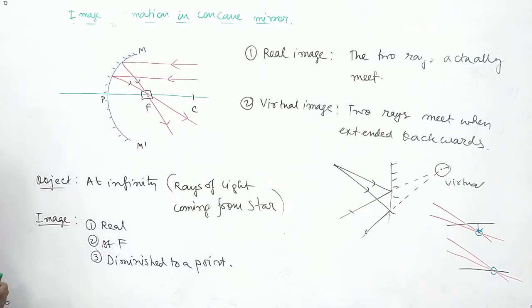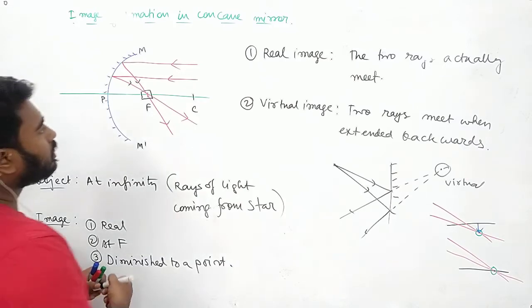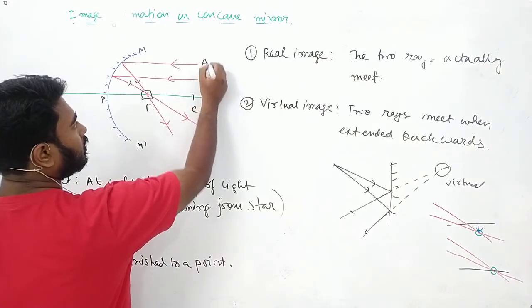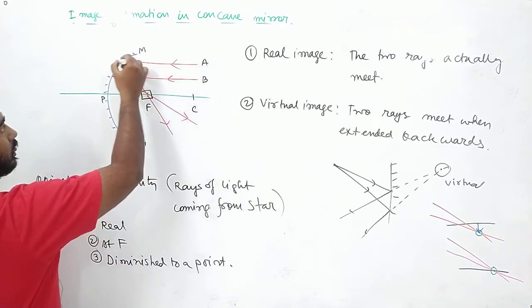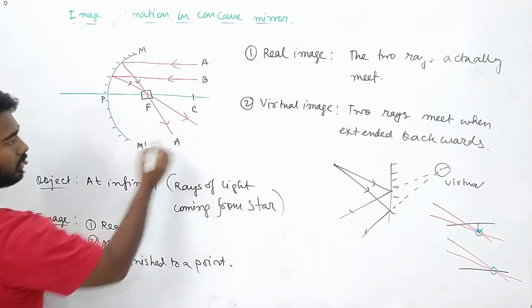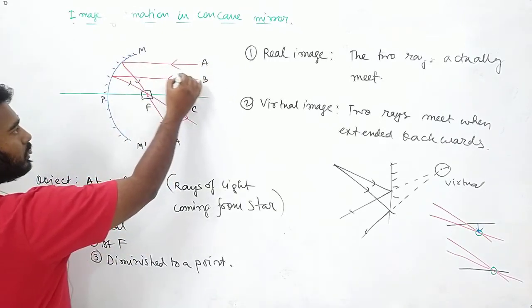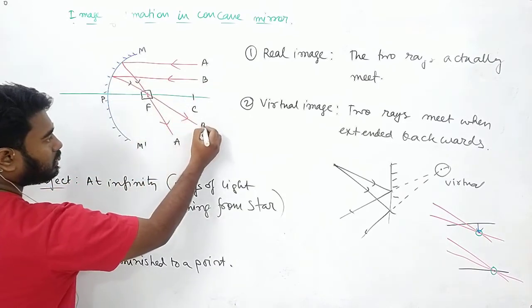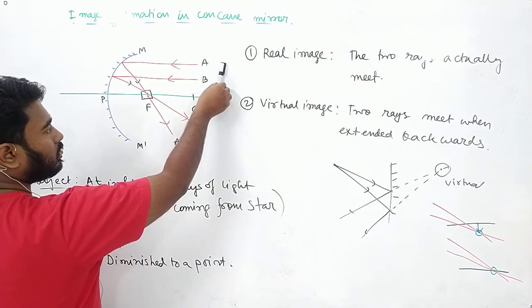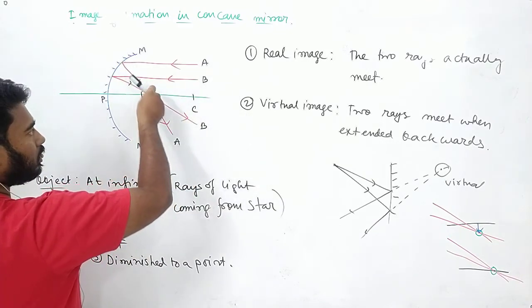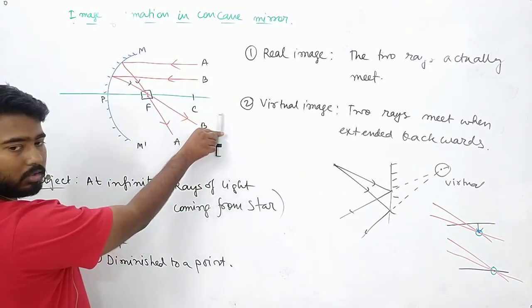Okay. Now, so we got it real, we got it at the focus, it is diminished to a point. Now suppose this is ray A, this is ray B. Let us trace this ray. This one is A. This one is B. What happened? If it is like this, after reflection, it got inverted.